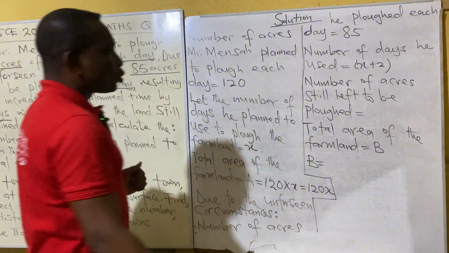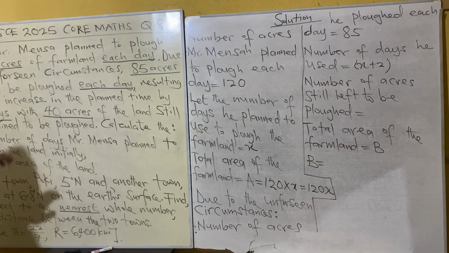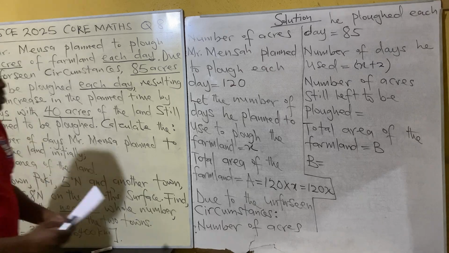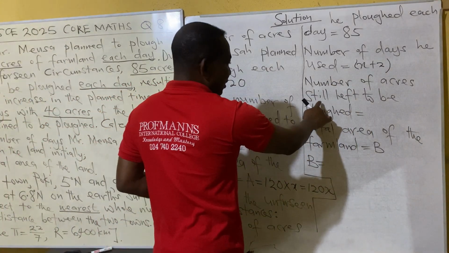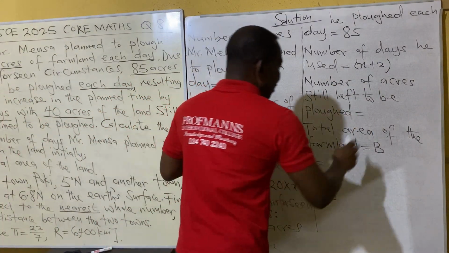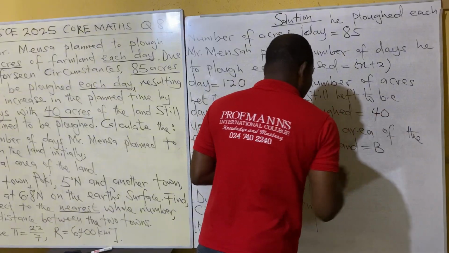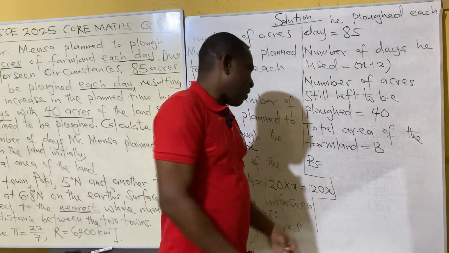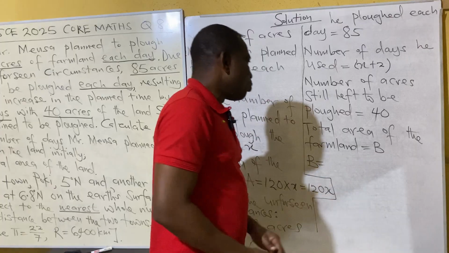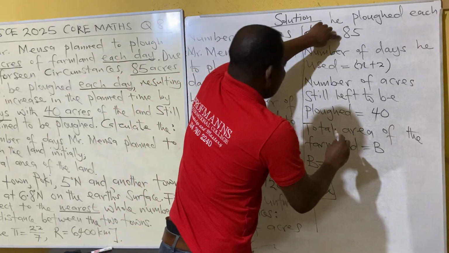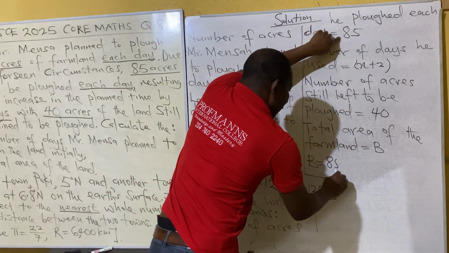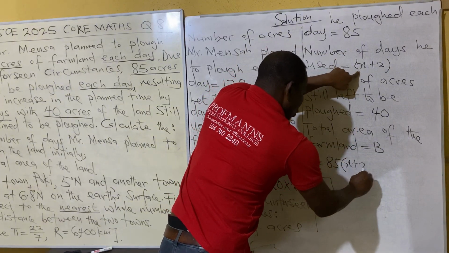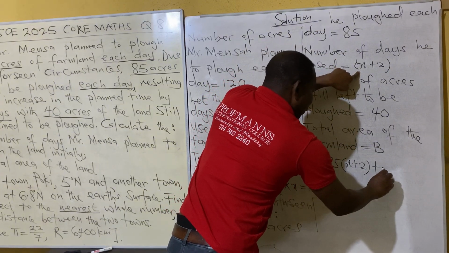And we are also told that the number of acres left to be plowed is 40 acres. So again, the total area of the farmland, B, is equal to 85 times the number of days, which is x plus 2, plus the 40.